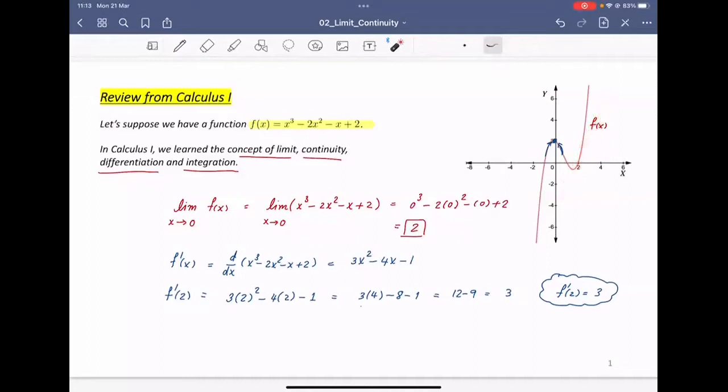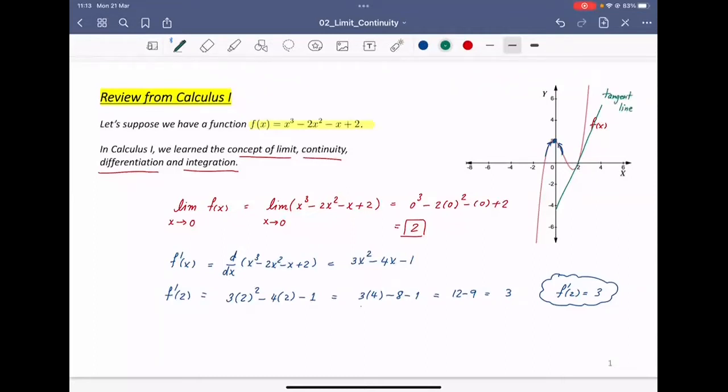It will not cut the curve, it just touches the curve. For example, I can draw the line here. This is the one that touches the curve at x equal to 2. The line that touches the curve here is called a tangent line.